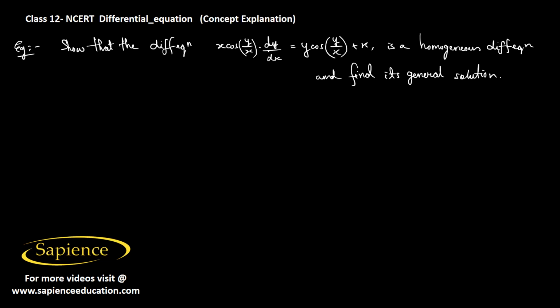So here, as we can see, it is of order 1. So in the general solution also, it will have only one arbitrary constant. So here dy by dx we can write as y cos y by x plus x divided by x cos y by x.